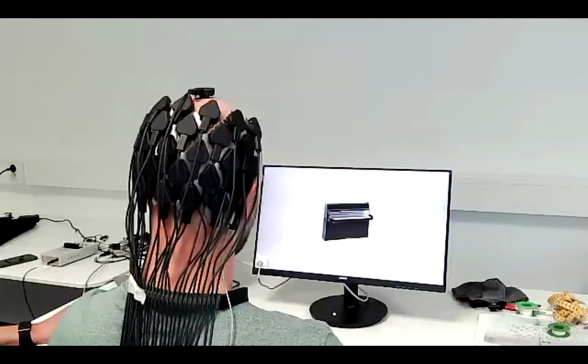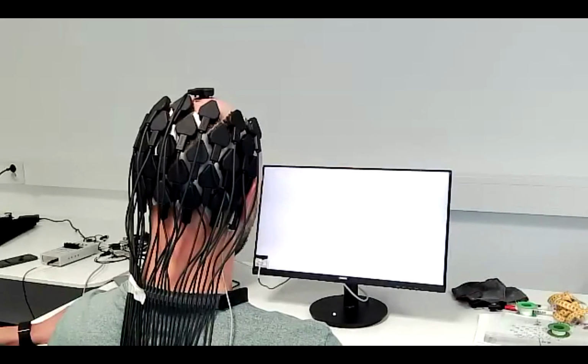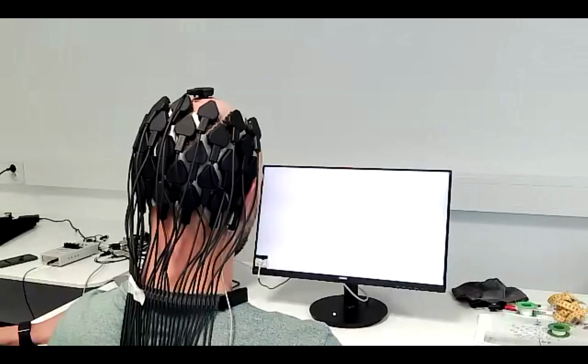on an interpolated, so on the head model that we have. Maybe I can show it to you after the experiment finished on the screen, and afterwards maybe if I can share it, that you can see the EPs that we have and also the topologies.